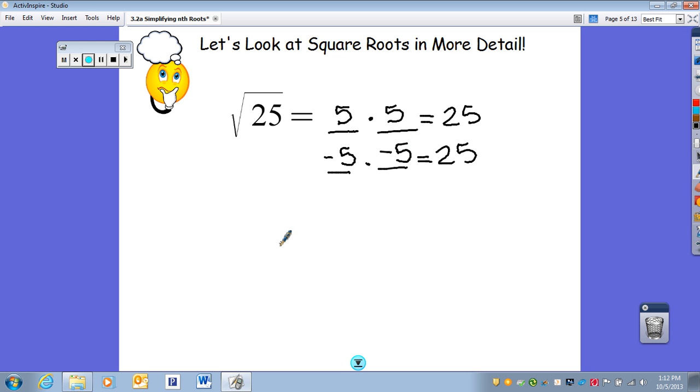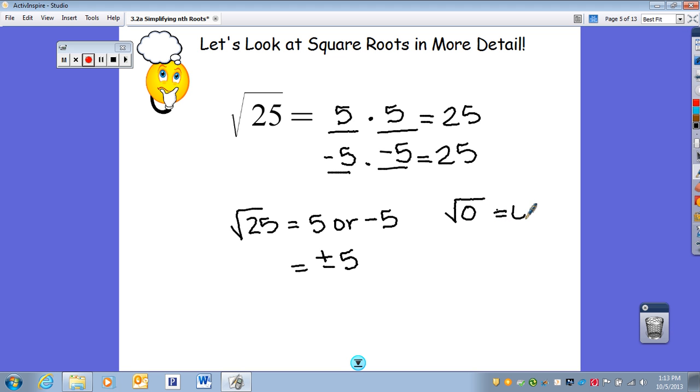So the square root of 25 could be 5, or it could be negative 5. And as a shortcut, we can write that with the plus or minus symbol, so that could be plus or minus 5. The only square root that does not have two answers is the square root of 0, which is 0.